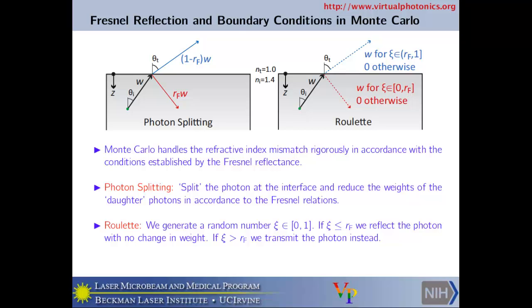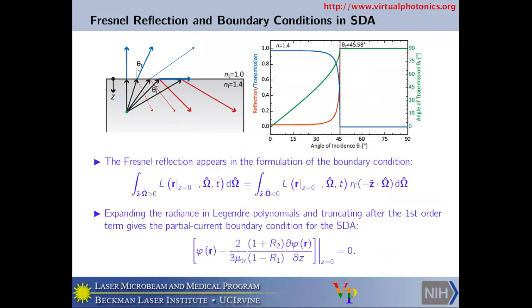But the key point here is that we do a detailed balance at every point of the angular distribution of the photon, or the angular trajectory of the photon in Monte Carlo. We're unable to do this in the analytic approach. So what we can do is really deal with hemispherical integrals.